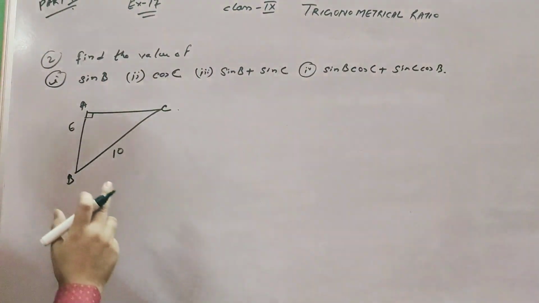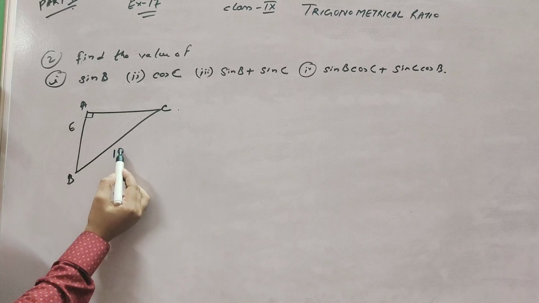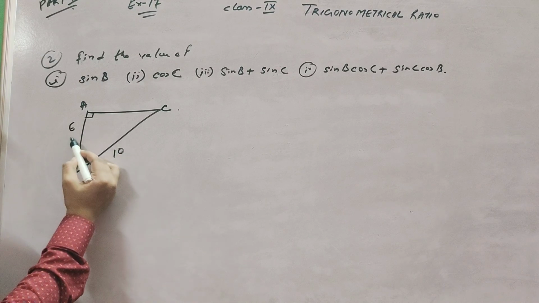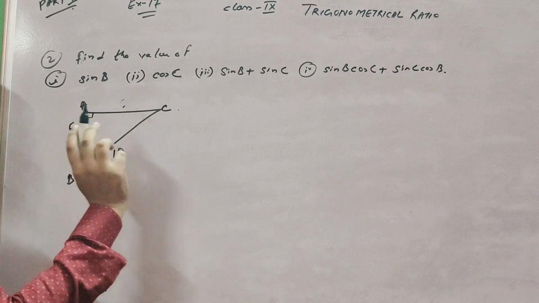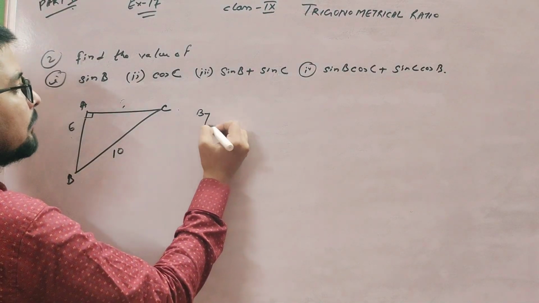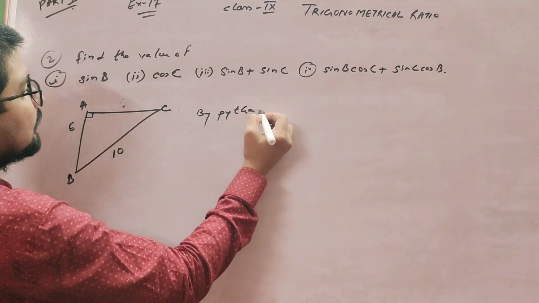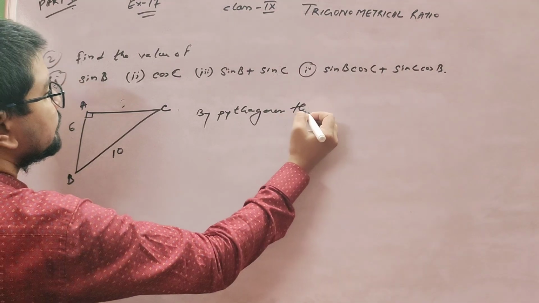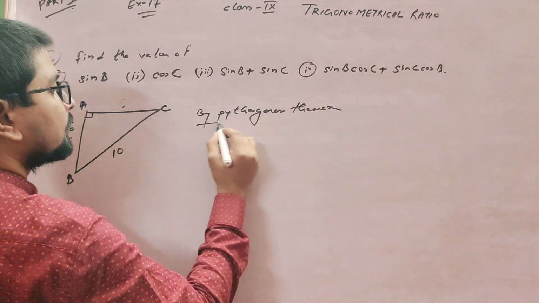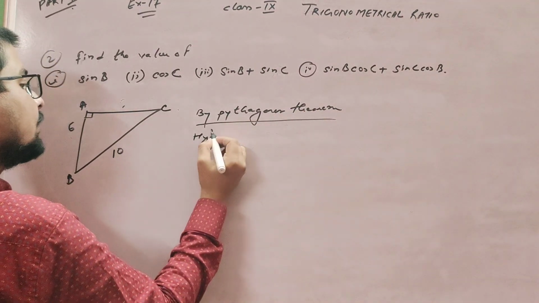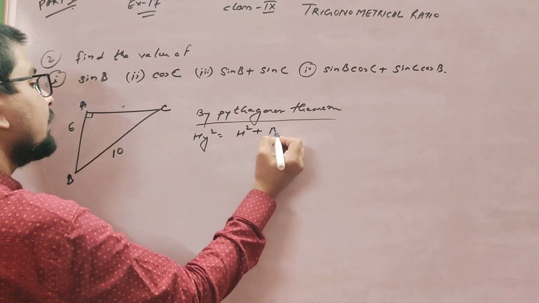Okay, first of all, you see this is 90, that means the hypotenuse is given, this portion is given, this portion is not given. So by Pythagoras theorem, hypotenuse square is equal to height square plus base square.